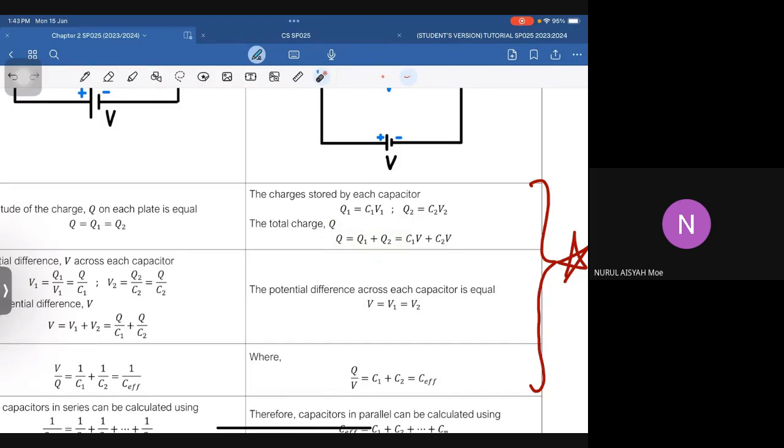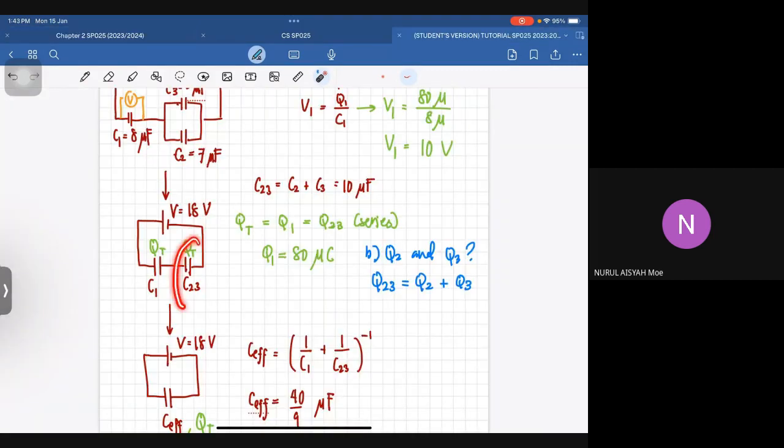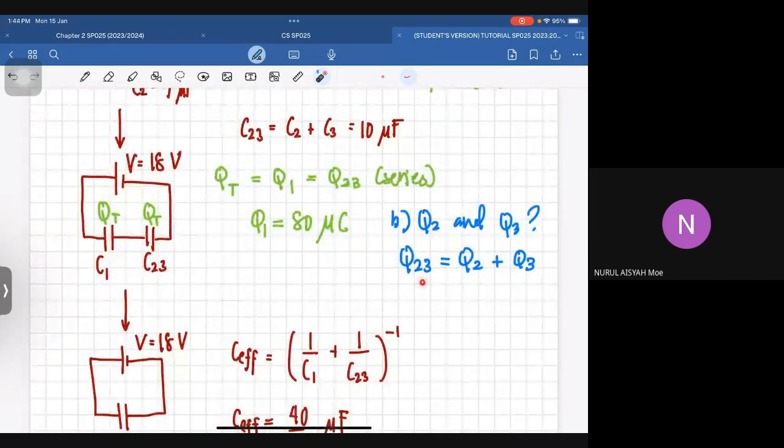Since just now we got the total charge for capacitor 2 and capacitor 3, Q23 is equal to the addition of the amount of charge for each capacitor, capacitor 2 and capacitor 3. Okay, so we have this concept.